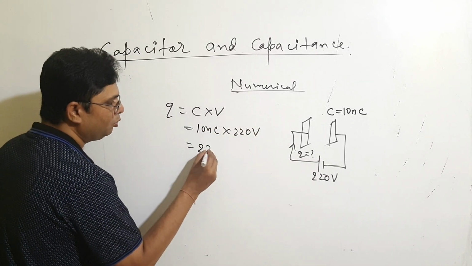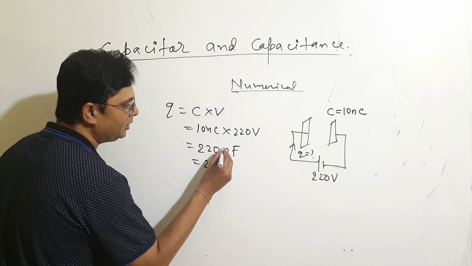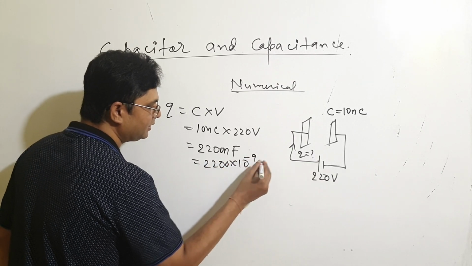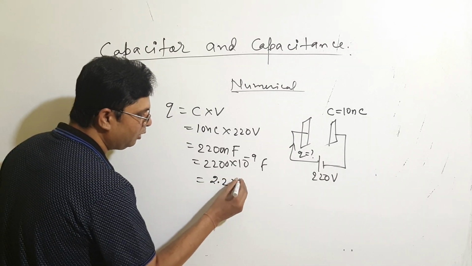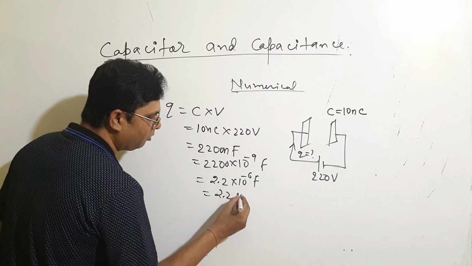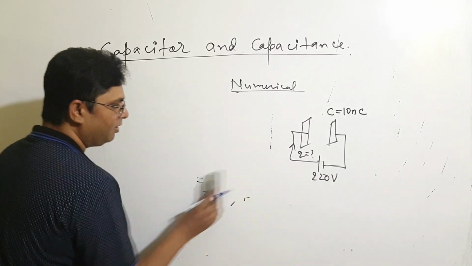This is equal to 2200 nanocoulomb, so you have 2200 into 10 to the power minus 9 coulomb. So this is equal to 2.2 into 10 to the power minus 6, which is 2.2 microcoulomb. 10 to the power minus 6 is micro. Thus you have learned this numerical.